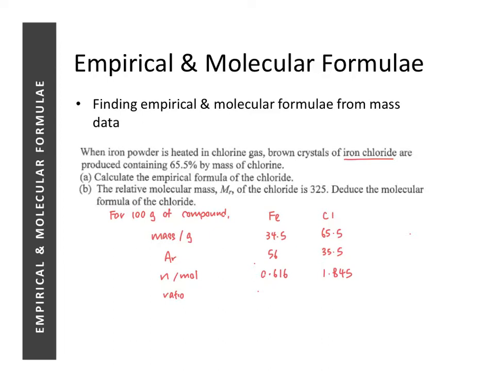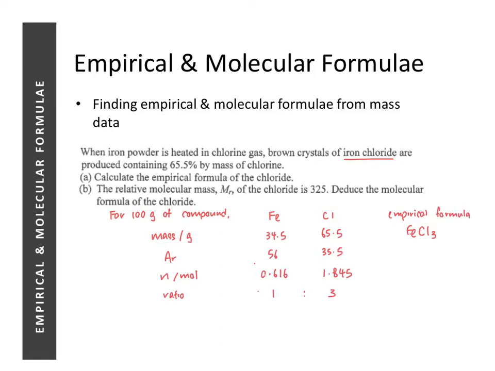We just need to divide by the smallest number again, and we'll get 1:3. So what this means is that in the compound we have 1 iron to 3 chlorine, so that will give us an empirical formula of FeCl3.